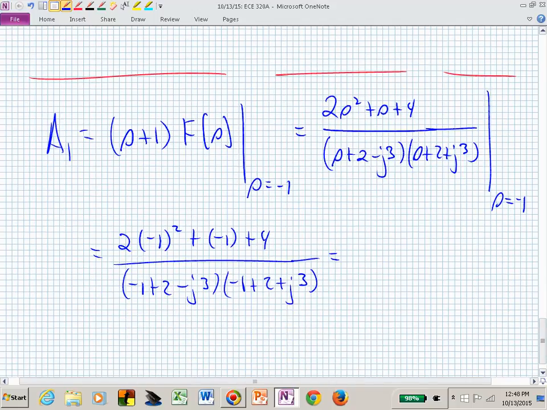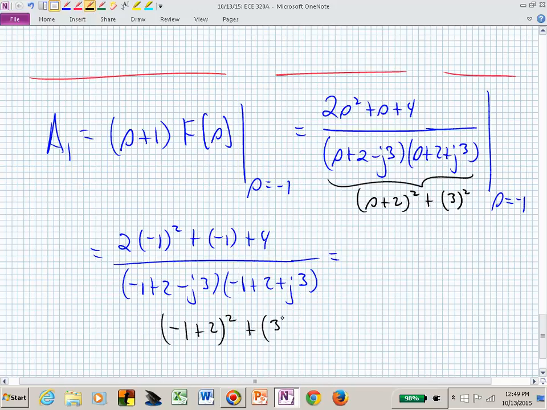Sometimes it's actually cleaner, instead of playing with the complex numbers, to just realize that this is s plus 2 squared plus 3 squared. And then down here, you can say, that's minus 1 plus 2 squared plus 3 squared. You'll get the same answer.